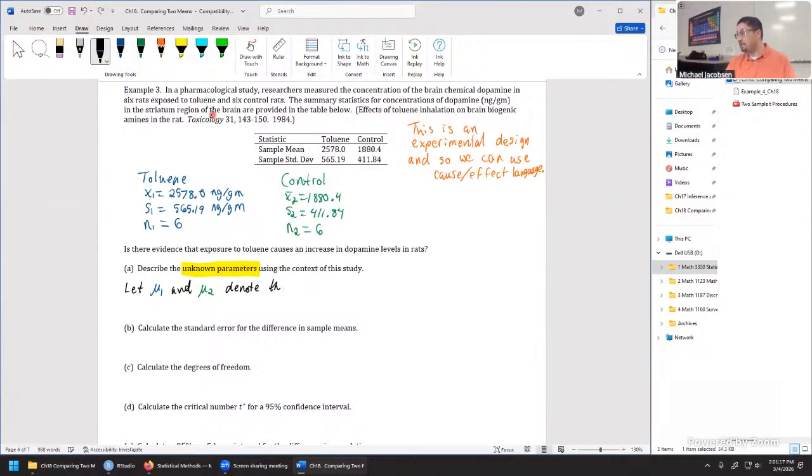Denote the mean. Don't forget, this is about averages or means. Denote the mean dopamine concentration for rats. We need to mention the population of lab rats that could be in this group. So I'll say briefly, rats exposed to toluene.